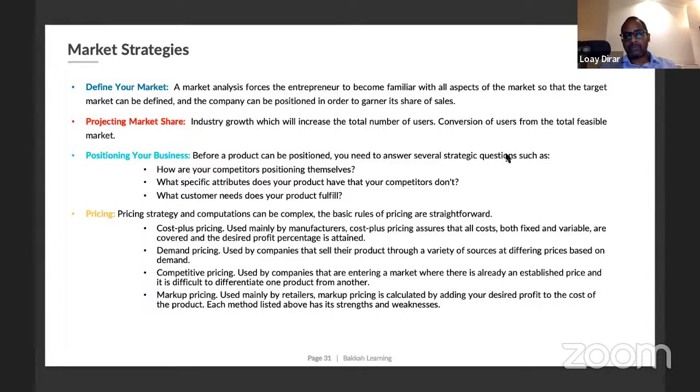And one of the ways to conduct the market analysis is to apply Michael Porter's 5 forces. It's a technique we use to understand and look at the market from the perspective of suppliers, customers, and many other factors. You can Google it to learn more about Porter's 5 forces.